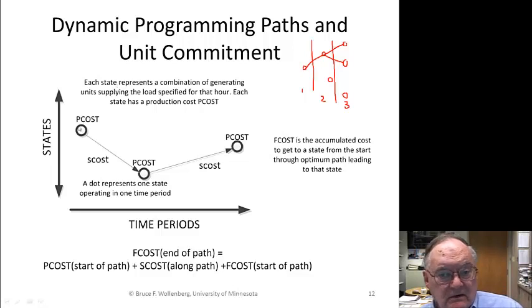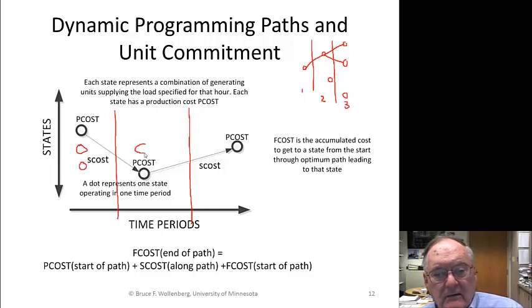Each state is represented by a dot. The dot represents one state operating during one time period. So here are our time periods, and we're going to divide the time periods up like this. I've got 3 time periods here, and these represent states, and I generally will have multiple states over here, but I haven't drawn all of them.